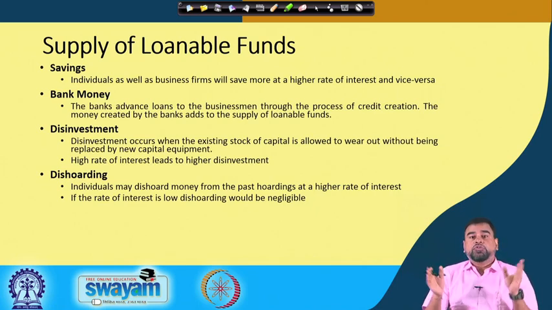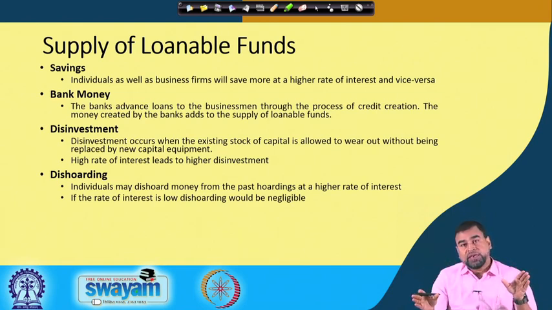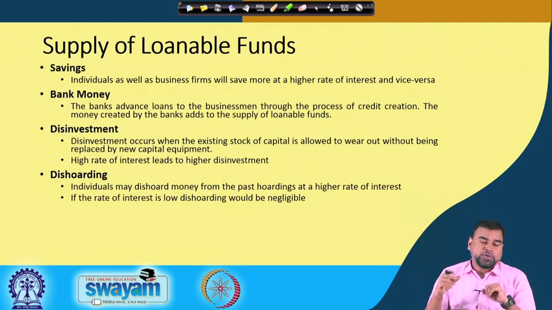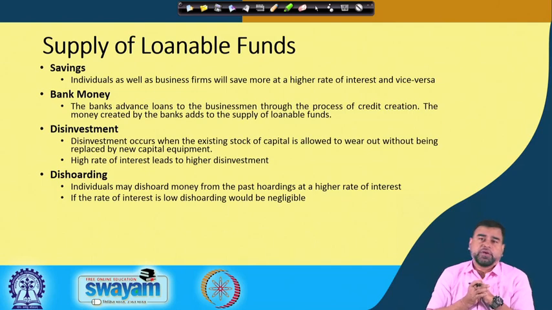Because if the bank is able to create money and is inclined to provide more loans to business units for their investment and other productive purposes, then obviously the supply of loanable funds will increase in the system. That is why bank money is quite important.